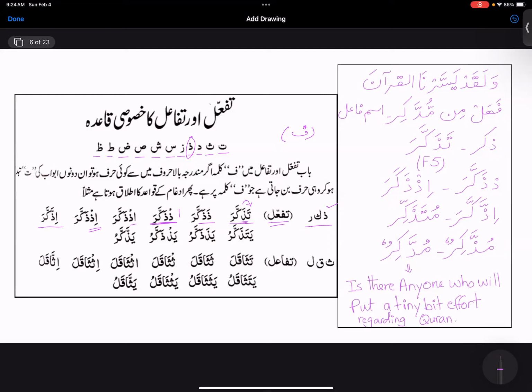So if you see two shaddas on some verb, and this is madi, then you should know, okay, this is actually family 5, and the ta, the marker of this family, has changed into the first root letter. Iddhakkara. Make sense?